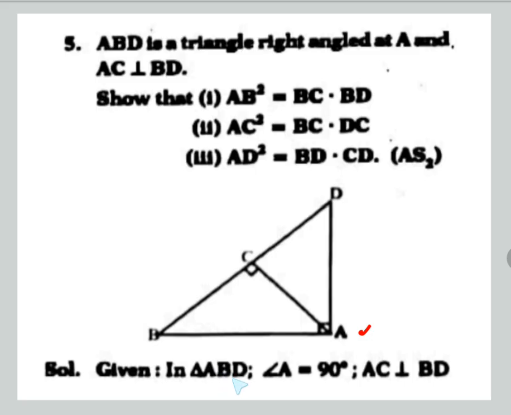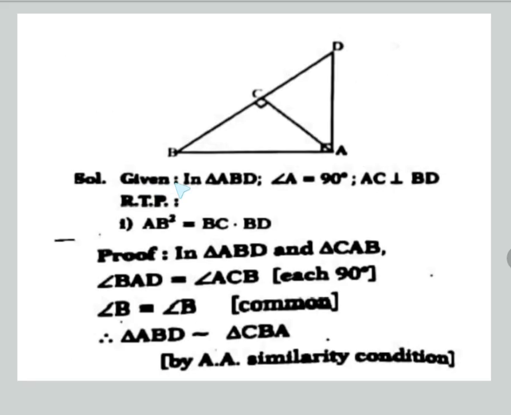Now given triangle ABD, angle A is 90 degrees and AC is perpendicular to BD. We are required to prove, first one, AB square is equal to BC into BD.